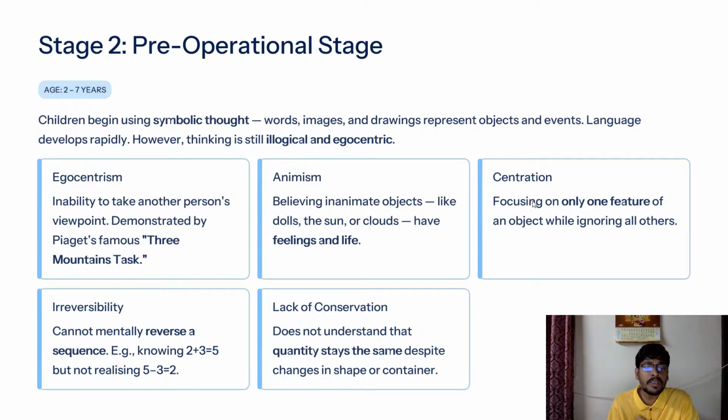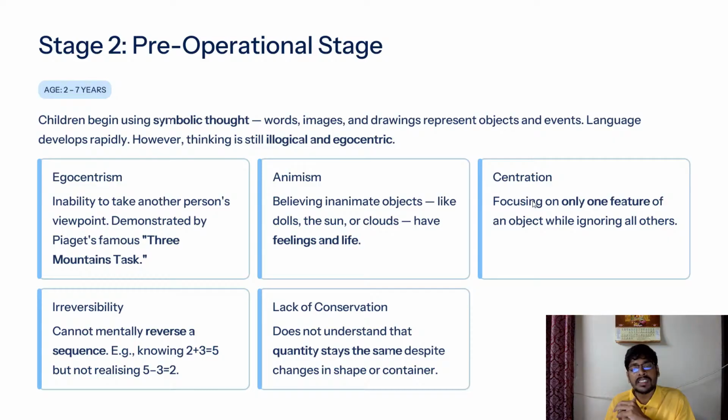Example, knowing 2 plus 3 is equal to 5, but not realizing 5 minus 3 is equal to 2. So in the pre-operational stage, a child only understands that 2 plus 3 is equal to 5, for example, but they do not understand that 5 minus 3 is equal to 2, because at this age they don't have that logical thought process, basically. So because they don't have that logical thought process, they don't understand the irreversibility aspect here.